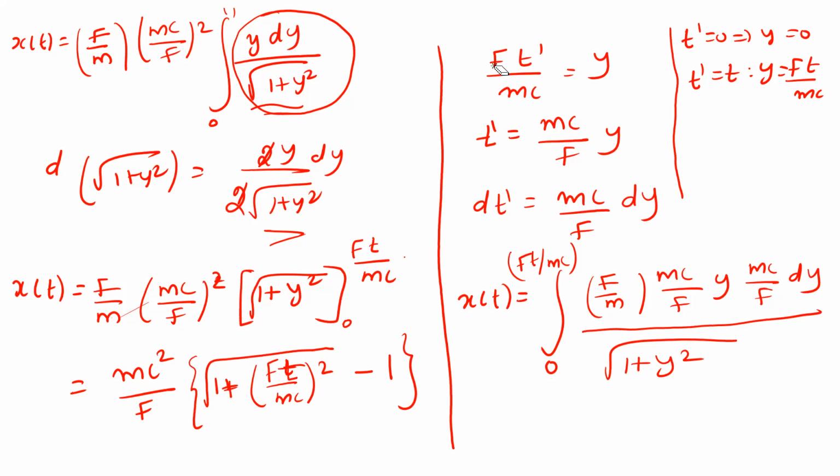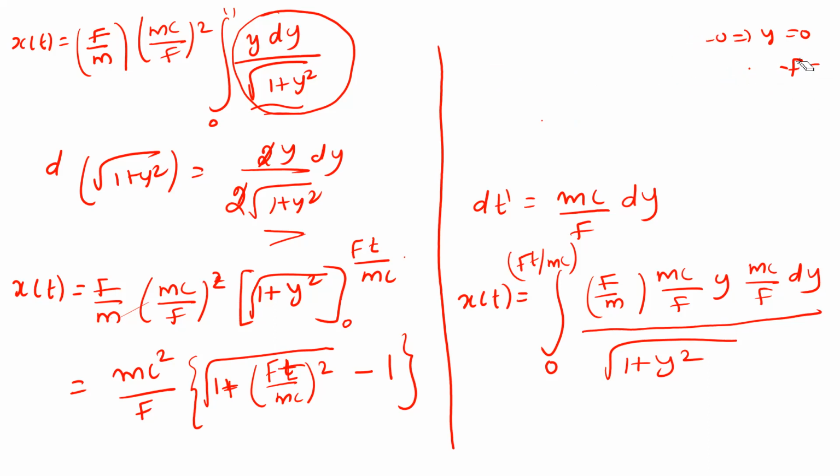Now this is how the position versus time, the position of a relativistic particle, which is under the influence of a constant force, will go. All right, so I'll just write it here.